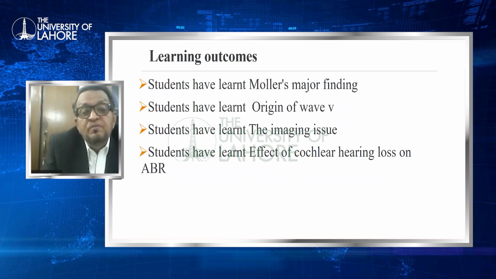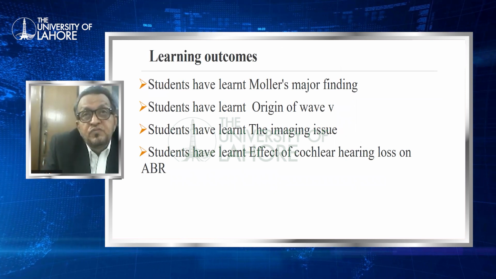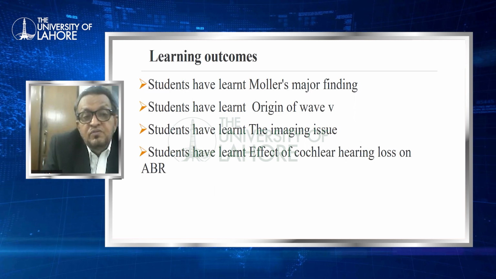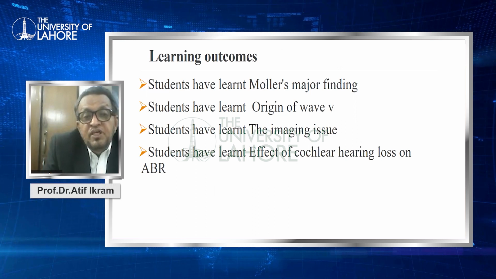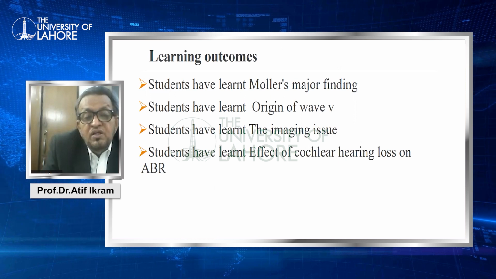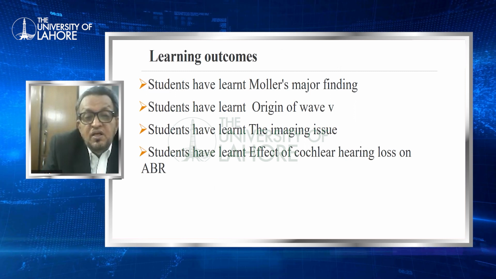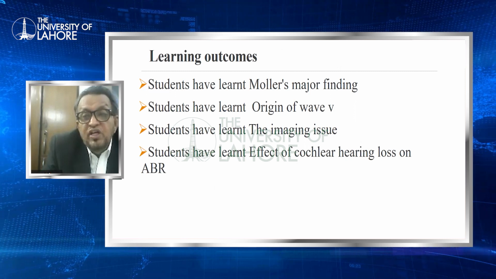In today's lecture, students should be able to know about the major findings, students will learn the regions of wave 1 to wave 5, some imaging issues, effects of cochlear hearing loss.